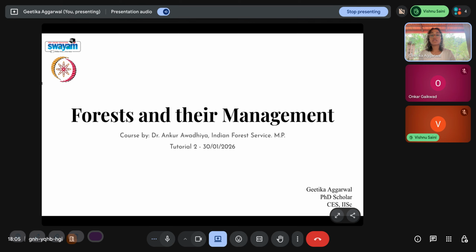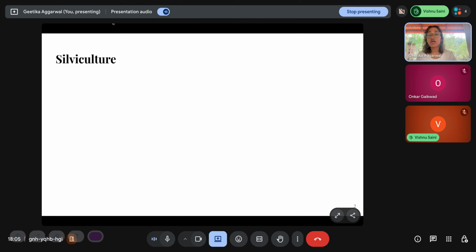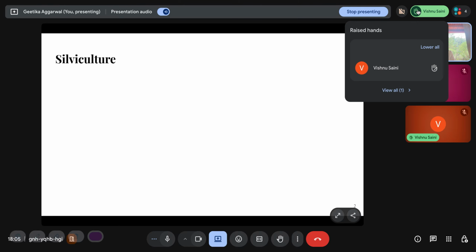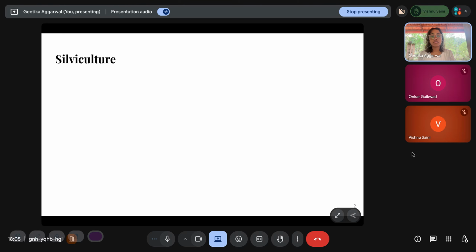So moving on, this week mostly talked about silviculture, a little bit about ecological succession, and we discussed plant growth, the different plant growth hormones, and the nutrients that plants require.